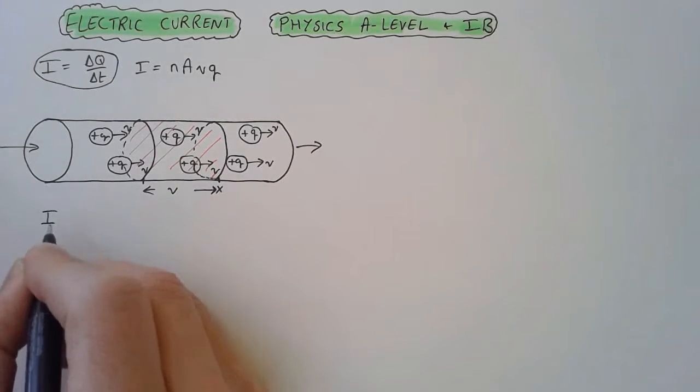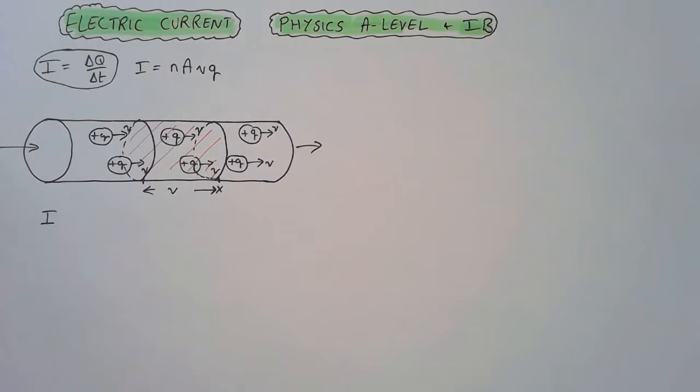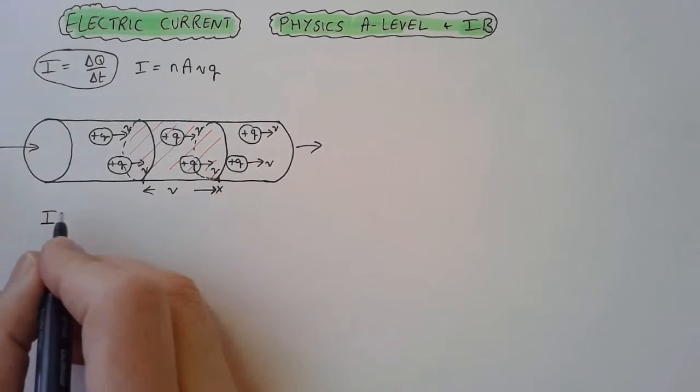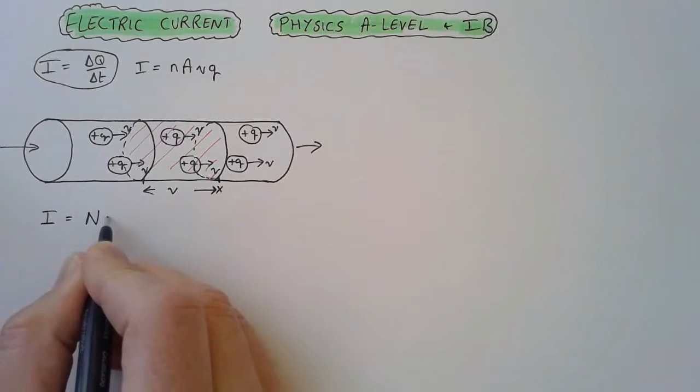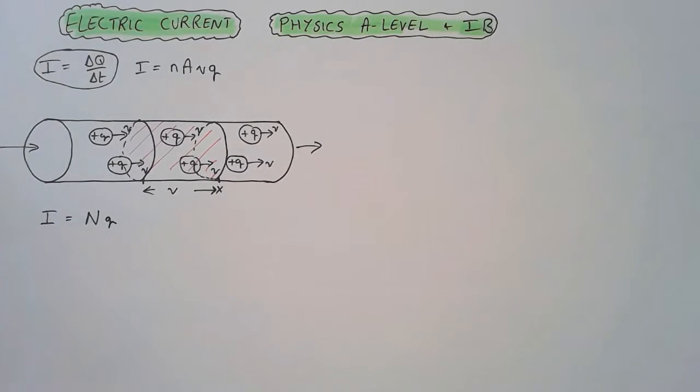Remember, the current is the charge passing per second, and so if I can find the number of charged particles in that volume, then I multiply that by Q, that will be the current. So that's what I need to find.